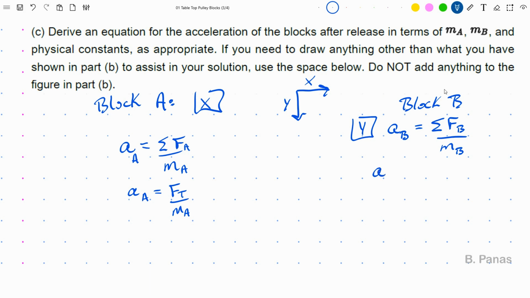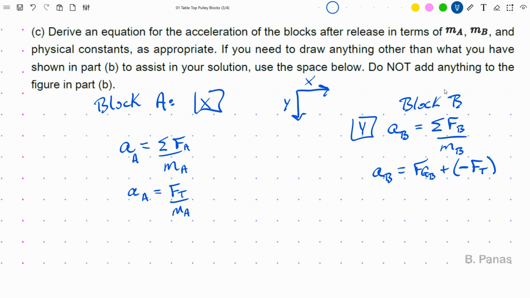So the acceleration of block B is equal to, since I'm thinking of downwards as my positive direction here, I can say that there is a force of gravity on this block, and there is a negatively directed force of tension. That negative is because it's upwards, and I'm treating down as my positive direction.